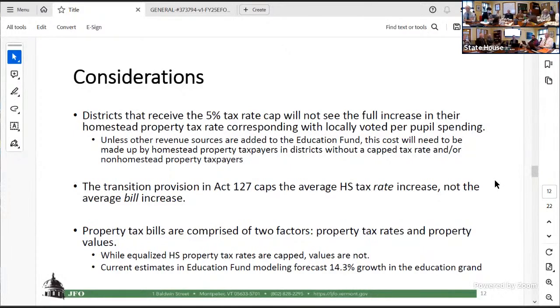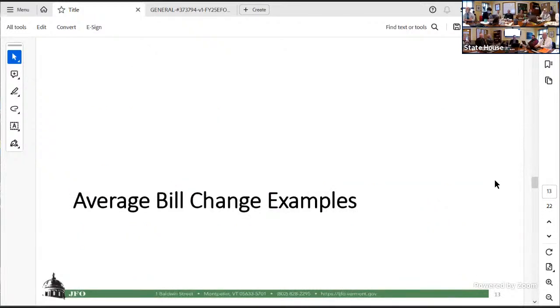And so this corresponds with the estimated growth in the education grand list. So that wraps up what I prepared to speak about with respect to examples for average tax rate calculations.